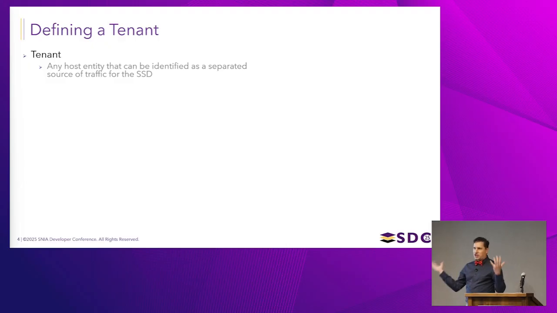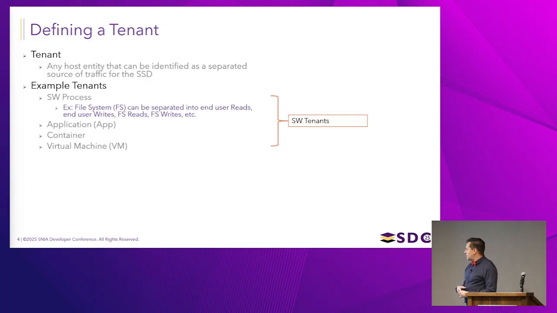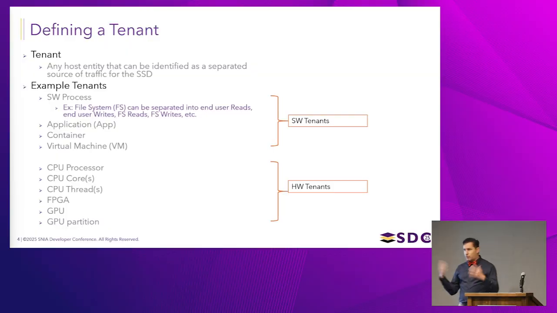Throughout this presentation, I use the word tenant. I'm defining a tenant to be extremely generic, which extends the applicability of this discussion. You could have many diverse software tenants, from a software process to an application, container, or VM, or you could have hardware-identified tenants, such as a CPU processor, a CPU core thread, maybe an FPGA or GPU.